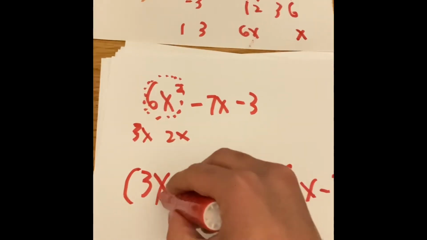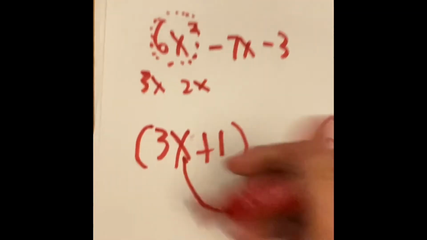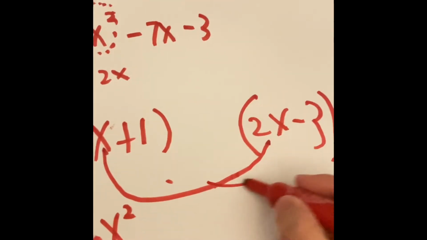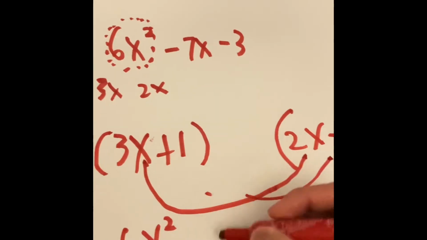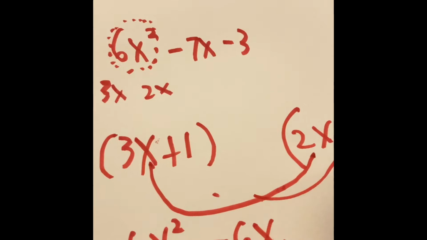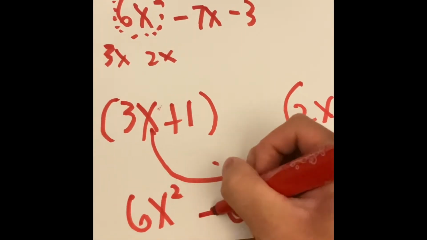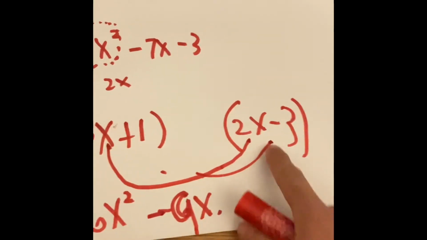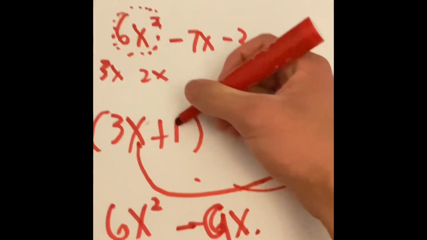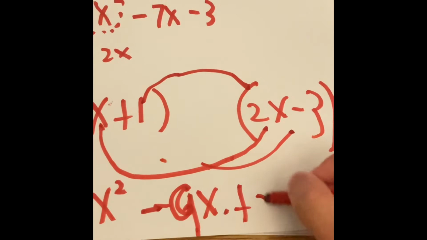So, 3x times 2x is going to be 6x squared. 3x times negative 3 is going to be negative 6x. Actually, negative 9x. That was a mistake. 3x times negative 3 is negative 9x. 1 times 2x is going to be a positive 2x.